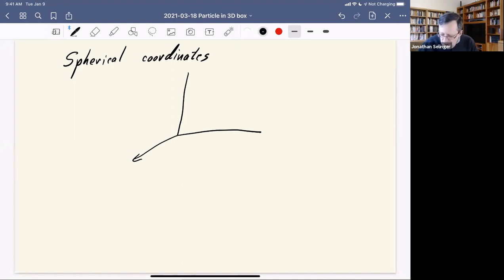Okay. So, we have some three-dimensional Cartesian coordinates, x, y, and z. And the idea in spherical coordinates is that you want to have a different way of describing any point. In Cartesian coordinates, the point is described by x, y, and z. But now in spherical coordinates, let's think of a different way to represent where the point is located.